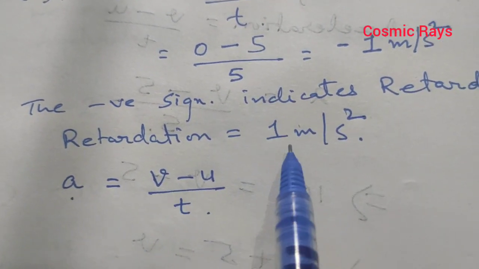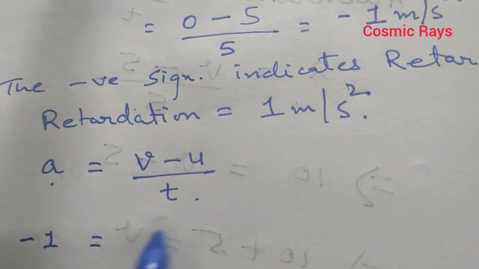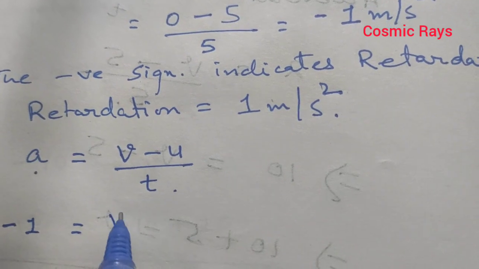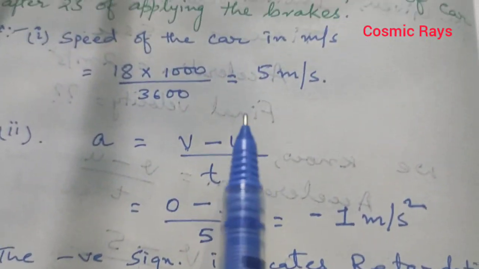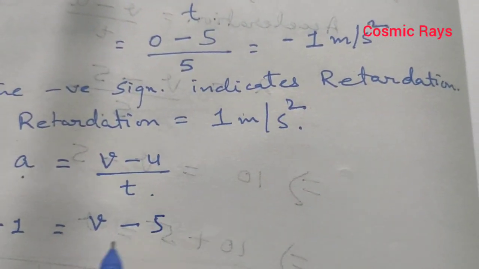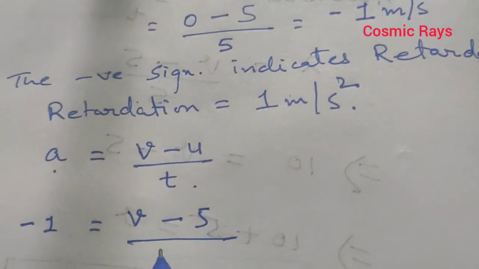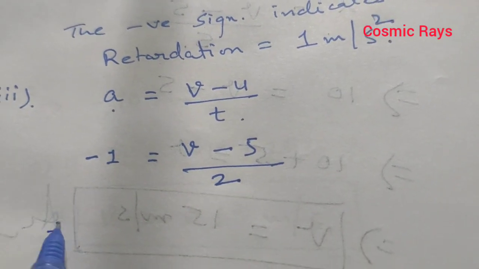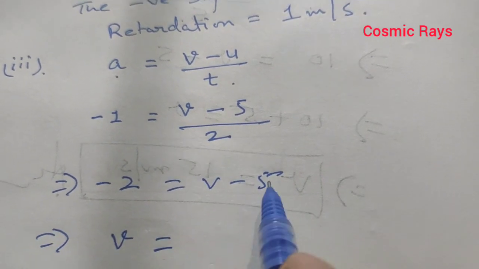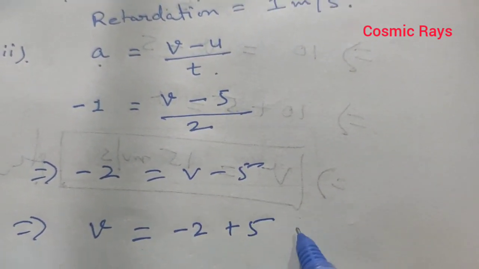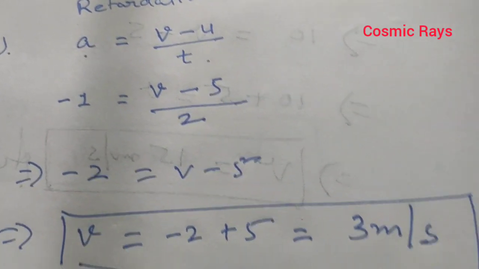Our acceleration is retardation, so we will write minus 1 is equal to final velocity we have to find, and the initial velocity we have been given, that is 5 meter per second, and the time it's given in the second part of the question, that is 2 seconds. So 2 into minus 1 is minus 2 is equal to v minus 5. So therefore v will be minus 5 going that side becomes plus 5, so that is equal to 3 meter per second. This is the final velocity.